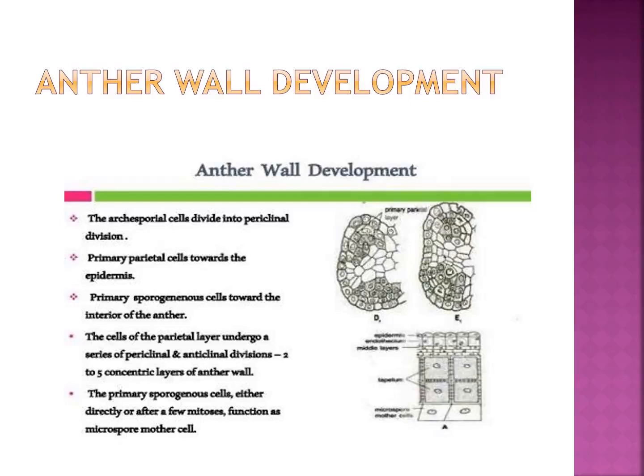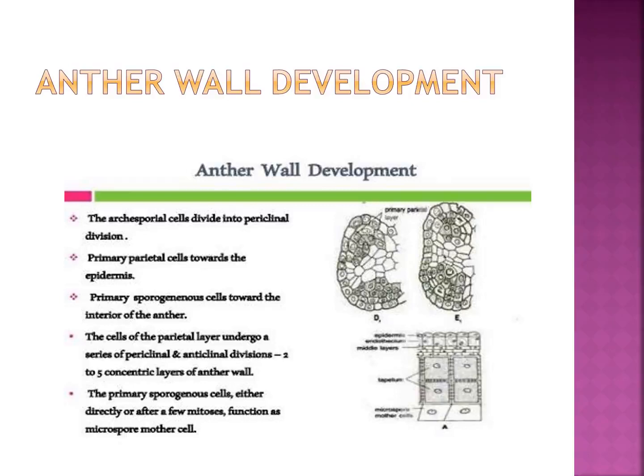The cells of the parietal layers undergo a series of periclinal and anticlinal divisions, forming 2 to 5 concentric layers in the anther wall. The primary sporogenous cells function either directly or after a few mitoses as microspore mother cells. Mitosis means indirect division.